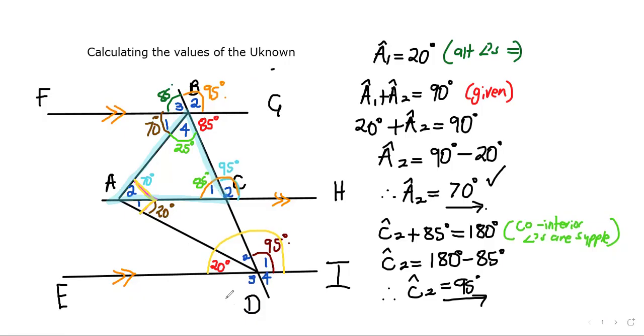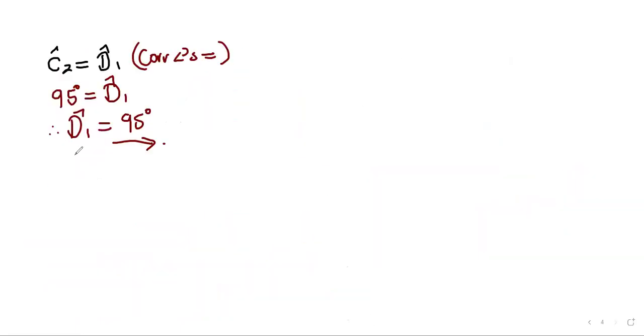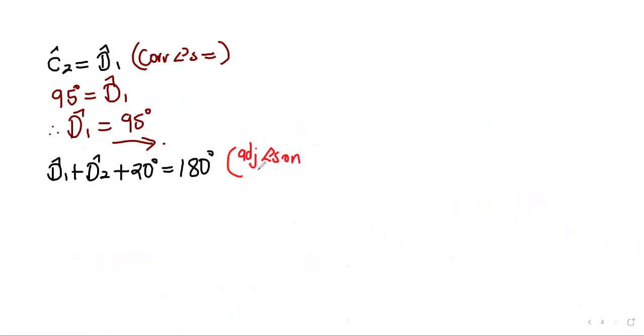So D1 plus D2 plus 20 degrees is equal to 180 degrees, because those are adjacent angles on a straight line.